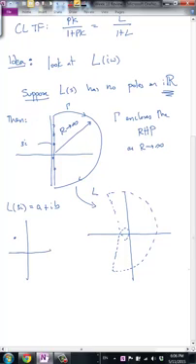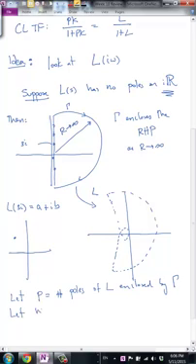The Nyquist stability theorem says, let's let P equal the number of poles of L in the right half plane, or rather, to be precise, enclosed by the curve gamma.